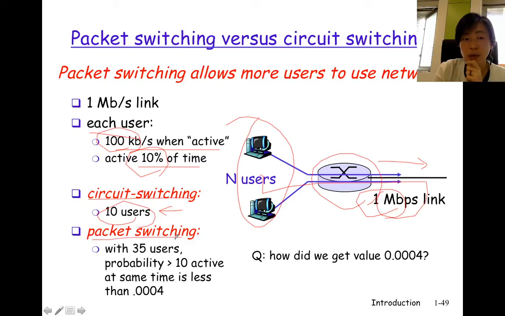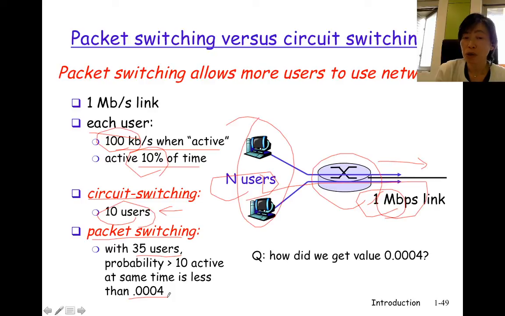Now, in case we are doing packet switching, really nice. Let me skip the calculation and tell you that we could actually serve more than 10 users here. If we're serving 35 users, 99.996% of the time these 35 users will be happy.